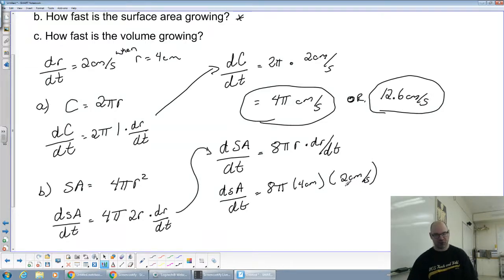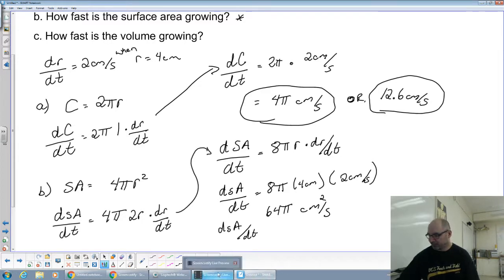That's centimeters squared per second, which makes sense. So 8 times 4 is 32 times 2 is 64 pi. Okay, centimeters squared per second. So that's dSA. That's how fast the, let's move that up so I'm not blocking you off.